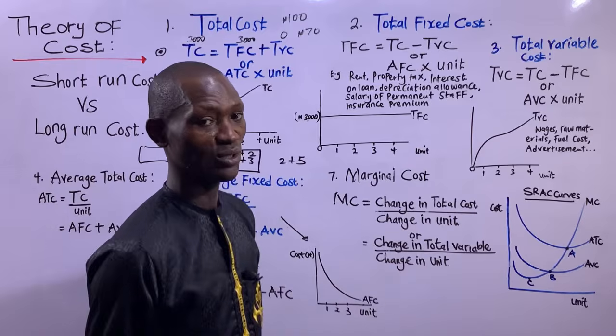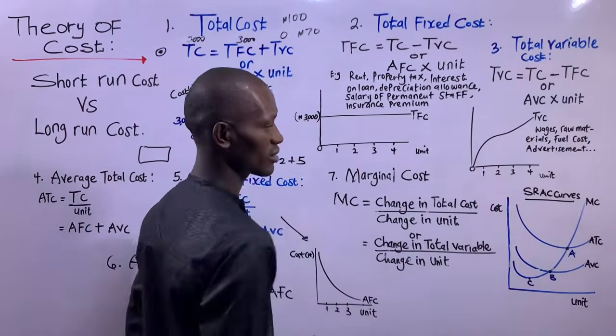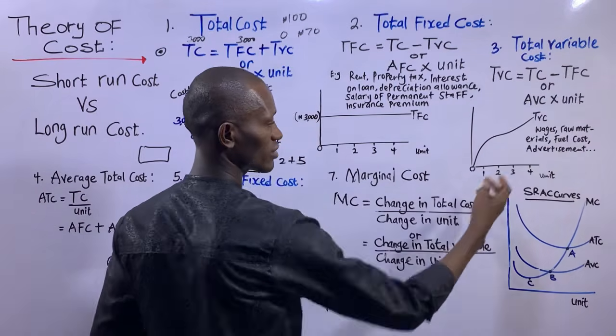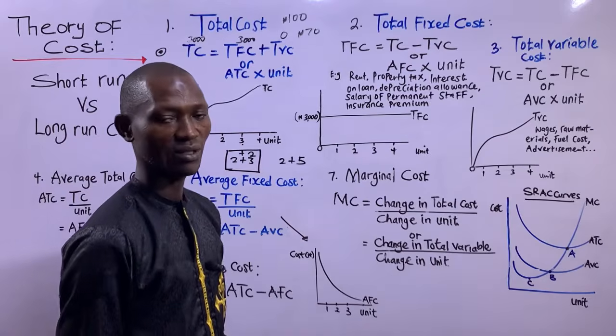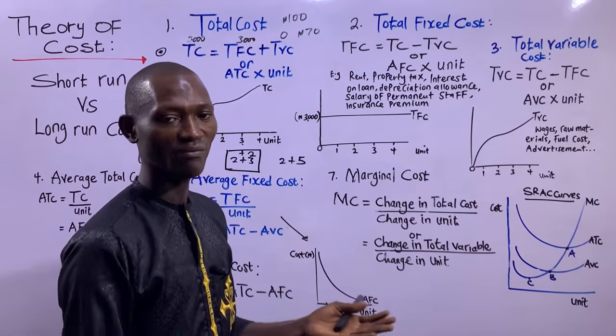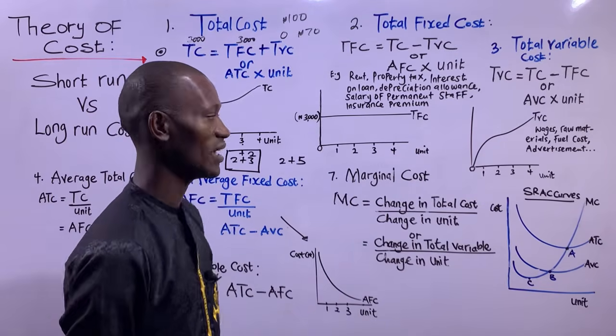Good examples of total variable cost are wages costs, cost of raw materials, fuel costs, cost of advertisements, transportation costs, and all other costs that vary with the level of activity.